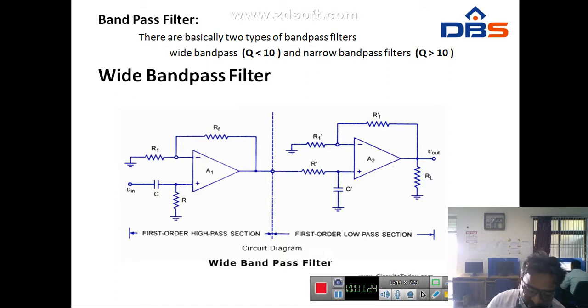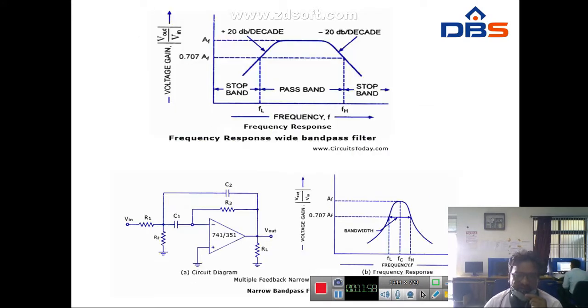If the pass band gain is 4, the gain of the high pass as well as the low pass sections will be set equal to 2. The feedback resistors must be equal, with a value of 10 kilo ohms each. The voltage gain magnitude of the band pass filter is equal to the product of the voltage gain magnitudes of the high pass and low pass filters.